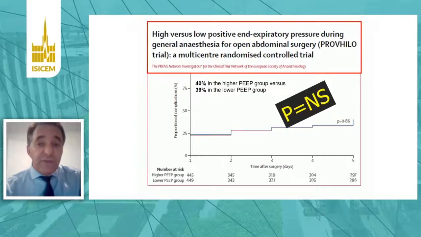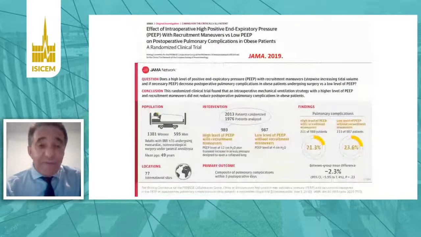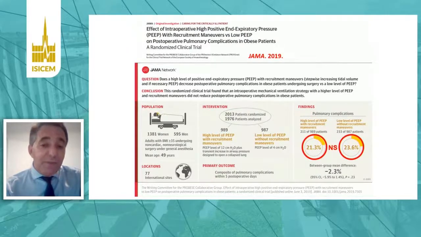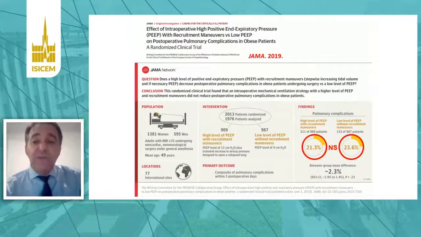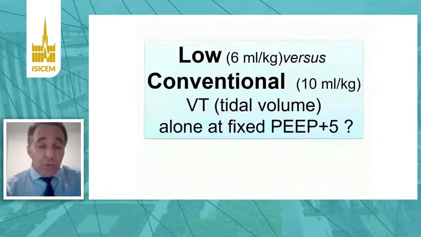This was not significant. More recently, in this nice paper, the same was done in the subgroup of obese patients. The authors compared 12 centimeters of water, high PEEP, versus 4 centimeters of water at the same tidal volume. Again, no significant difference was reported in the pulmonary complications, which were around 21 to 24%. So, what about the tidal volume?